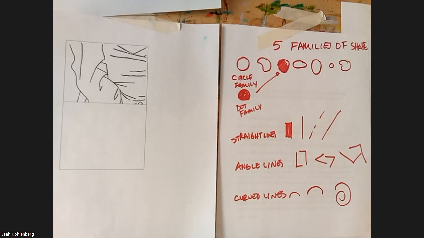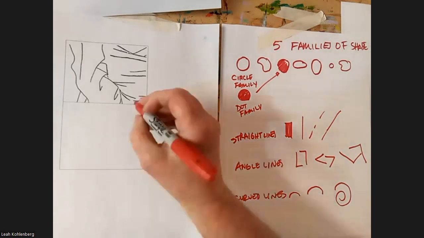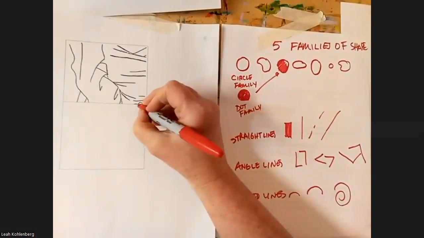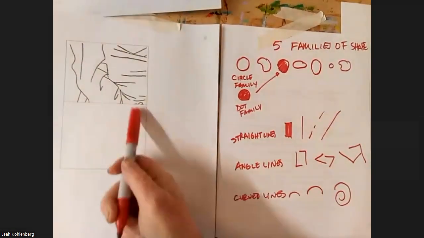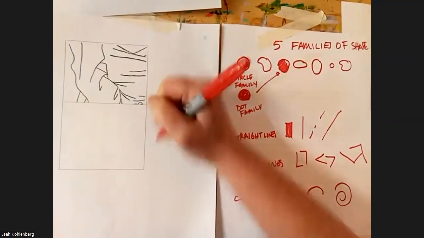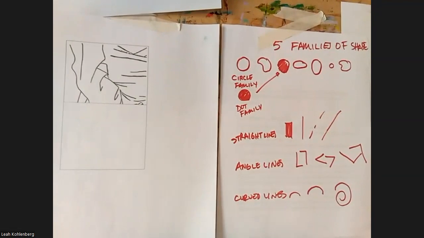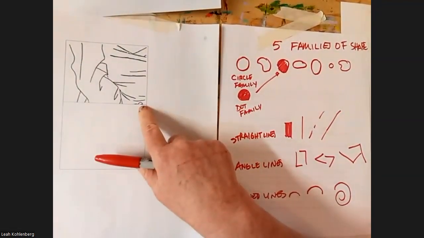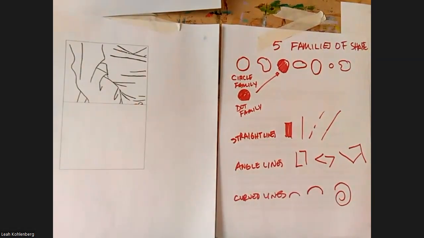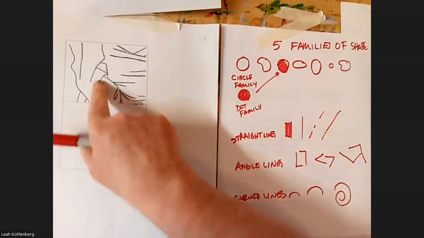Maybe the bottom right. That's interesting, right? But can we see it? You're absolutely right. We have a curved line, maybe here. It also could be interpreted as an angle line. I guess it just depends. Maybe one little curved line, but no dots, no circles, right?